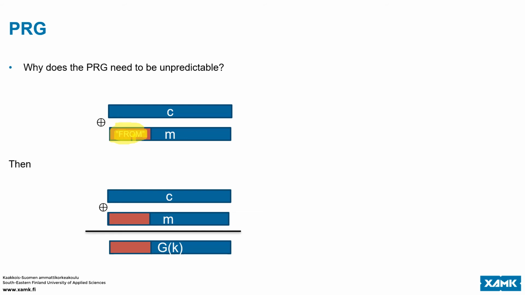Well, let's consider the formula for the one-time pad, or how to secure messages in the first place. So using a random number generator, we had the formula like this. So M XORed with whatever the random number generator produces, GK, is going to be equal to the ciphertext C. Now, XOR, or exclusive OR, is an associative operator.